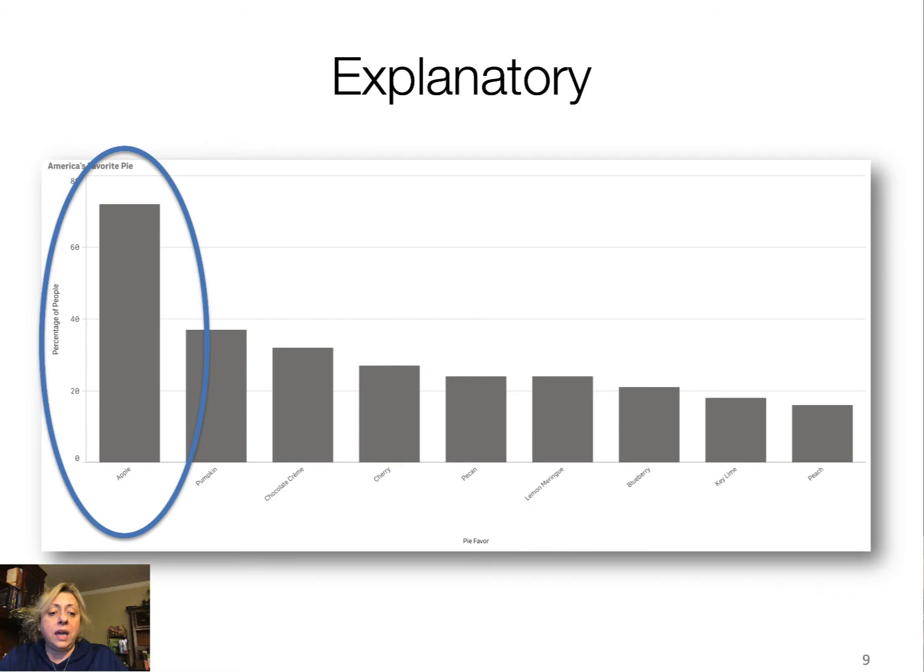Whereas the explanatory type is more about trying to explain. Let's put it in this way: you are trying to do some type of data story.